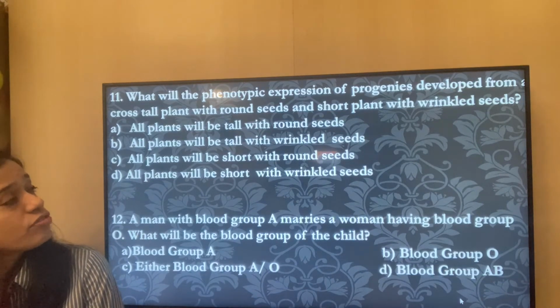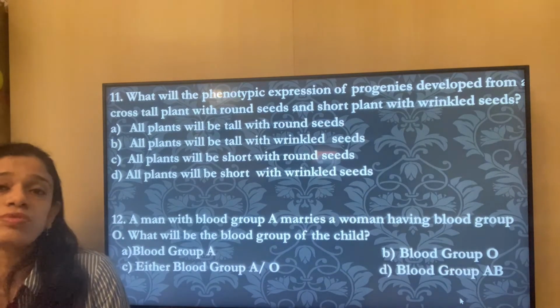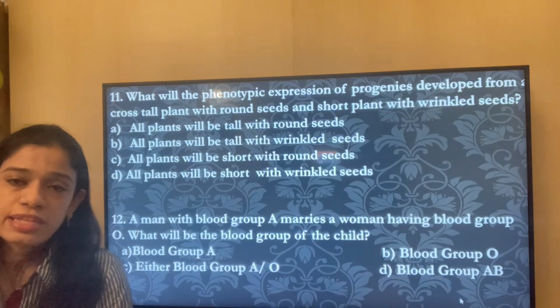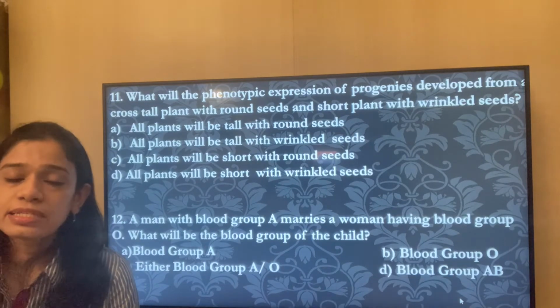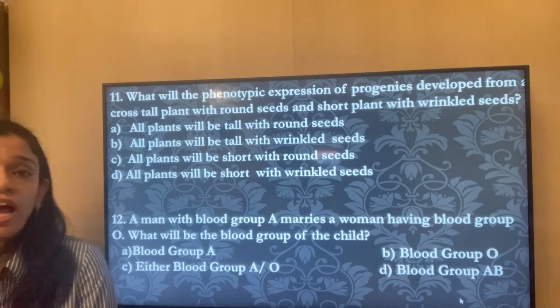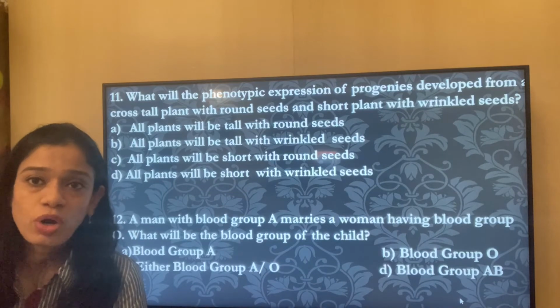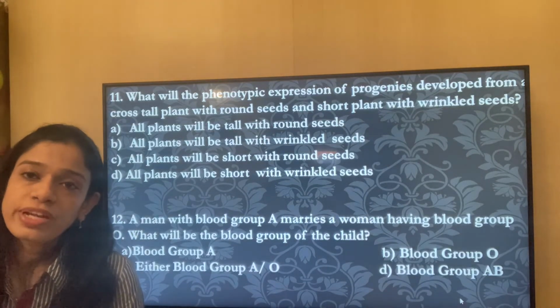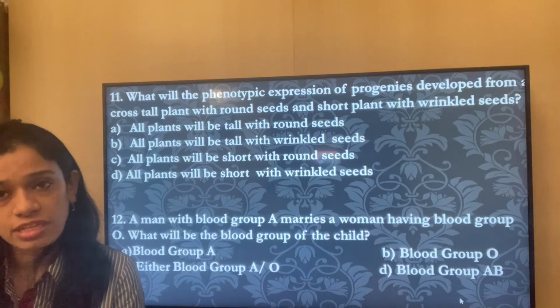Now we can understand from the question that a tall plant with round seeds means those are the dominant traits in the parent, and that it is a pure dominant. The other one is short with wrinkled seeds, which is totally a recessive character.